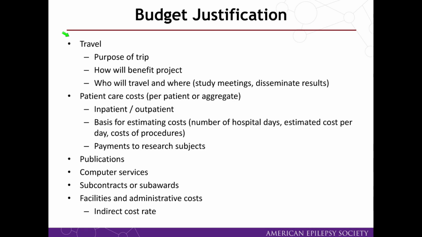You'll also need to provide details of any proposed travel, details of any patient care costs, publication costs, and then any cost of subcontracts or awards, and then your indirect costs for your institution. Again, there are some additional resources on how to write a budget justification.